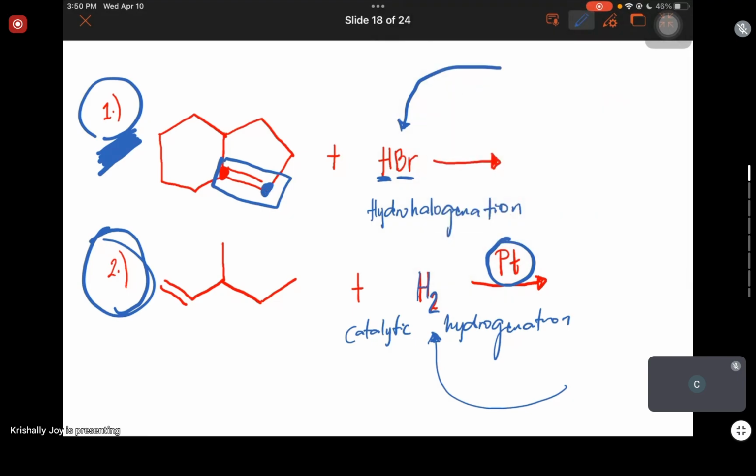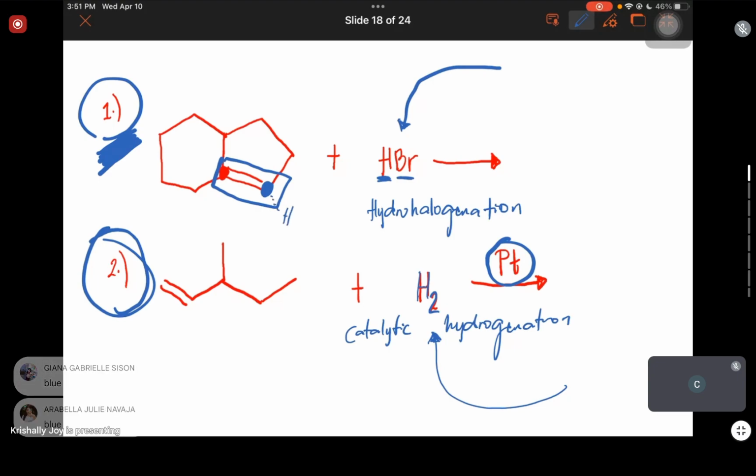Kasi kapag hydrohalogenation, Markovnikov's rule man ang atong gina-follow. Asa between the two, ang meron pang available nga hydrogen, is it the red or blue? Blue. Okay, very good. Yung kulay blue, meron pa yung imaginary, isa pang hydrogen in it.